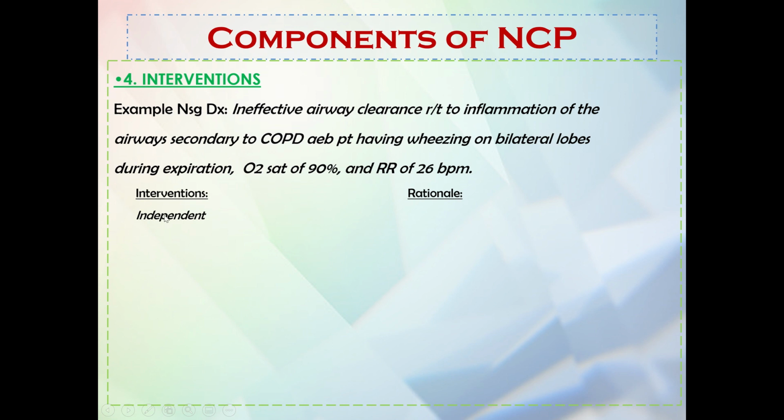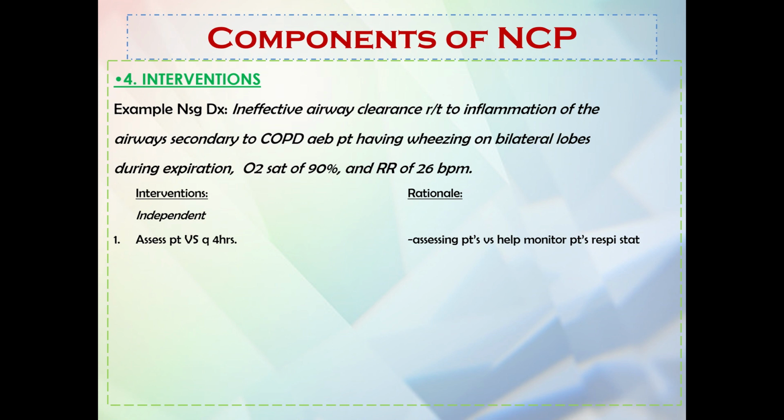So, first we have here the independent. So, ang pwede natin gawin sa pasyenteng may ineffective airway clearance, number one, assess patient's vital signs every 4 hours. Again, when we say independent, ito yung mga nursing interventions or nursing actions na pwede natin gawin as a nurse. Okay, within the scope of our nursing practice.